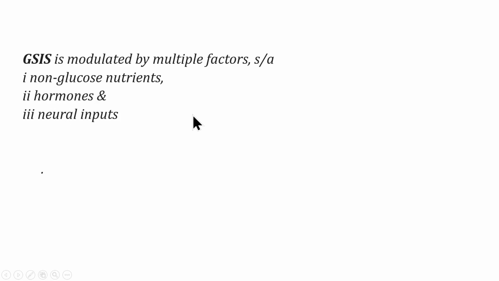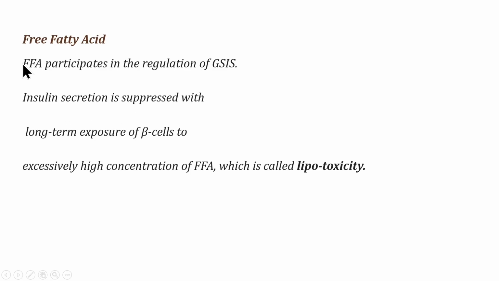So, the glucose stimulated insulin secretion can also be mediated by many other factors, including non-glucose nutrients, hormones, and neural inputs. One of the important non-glucose nutrients are the free fatty acids, and they participate in the regulation of glucose stimulated insulin secretion. Insulin secretion is suppressed with long-term exposure of beta cells to excessively high concentration of fatty acids, and this condition is called lipotoxicity.